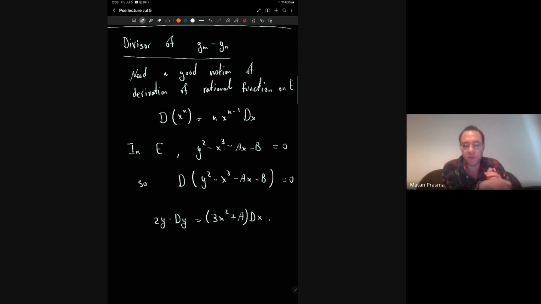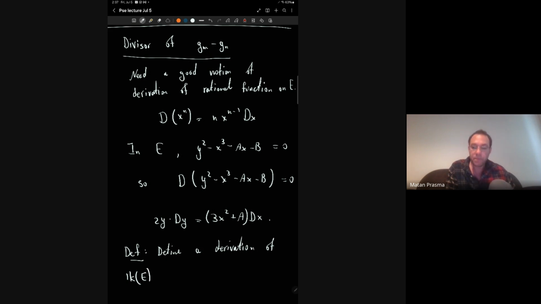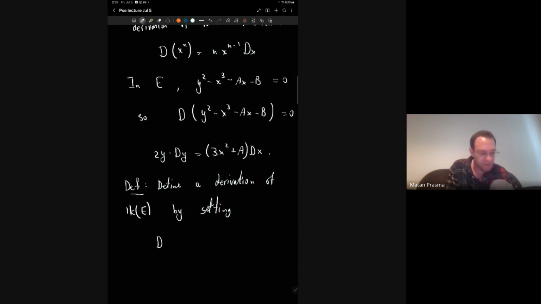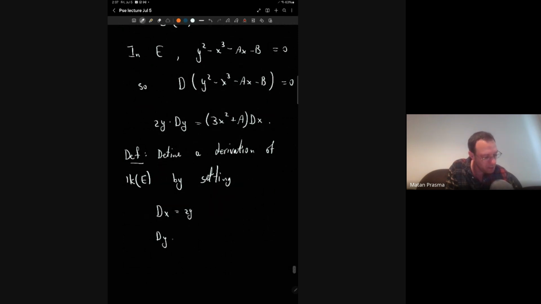And how do we make it true? One canonical way to make it true is by definition: define a derivation on K(E) by setting the derivative of x to be 2y, and the derivative of y to be 3x squared plus a.